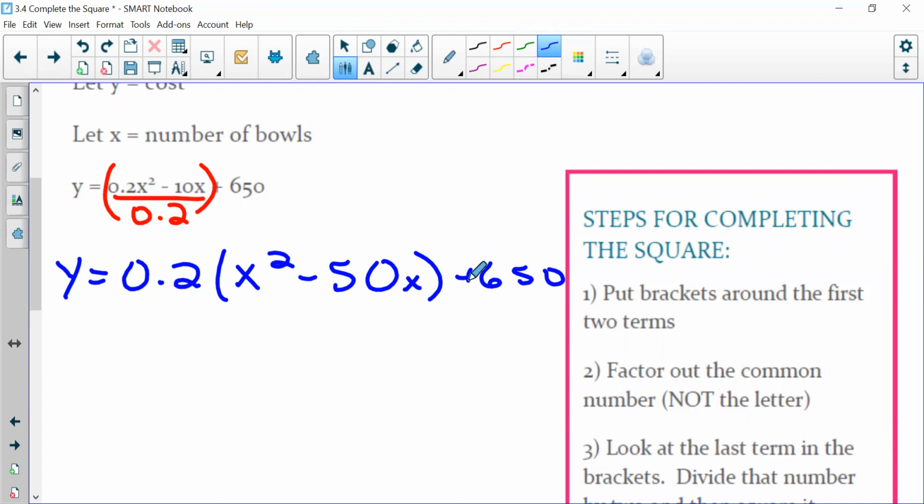All right, what's my next step? Sasha. What's negative 25 squared? Oh, don't square it, square it. 25 times 25.